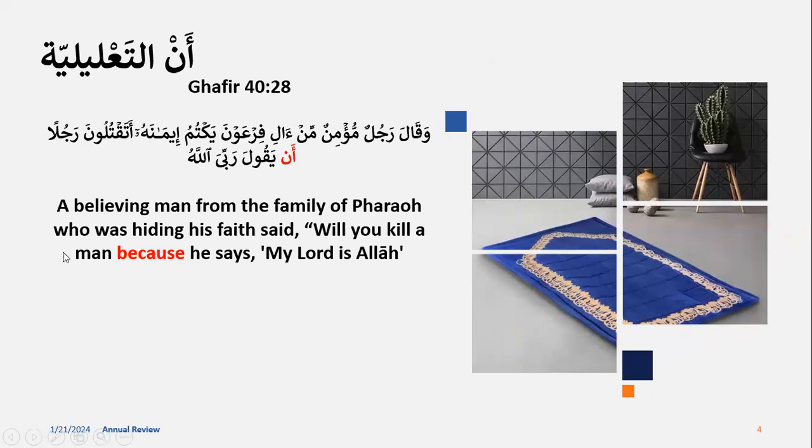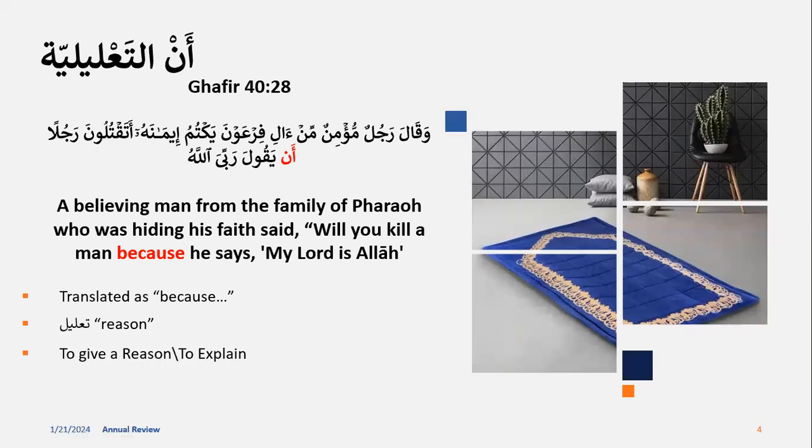A believing man from the family of Pharaoh who was hiding his faith said, will you kill a man because he says, my Lord is Allah? An is basically translated as because. It's giving the reason for something. So here it is an at-taliliya. Talil basically means a reason, and it means to give a reason or to explain something.